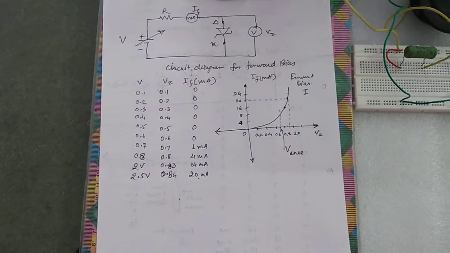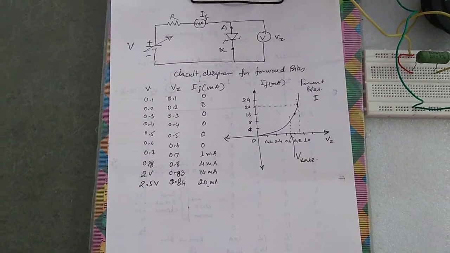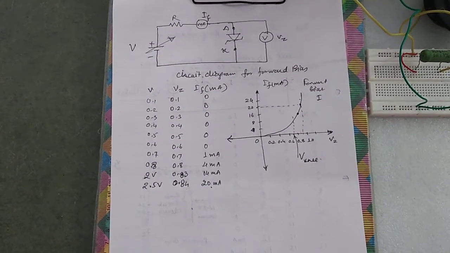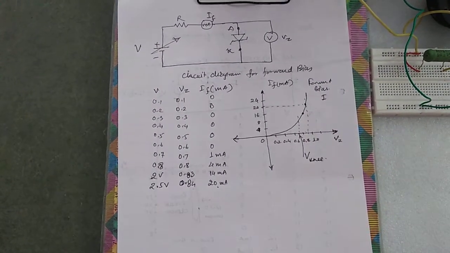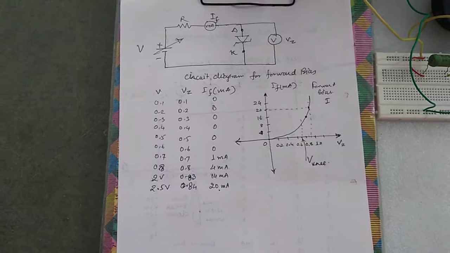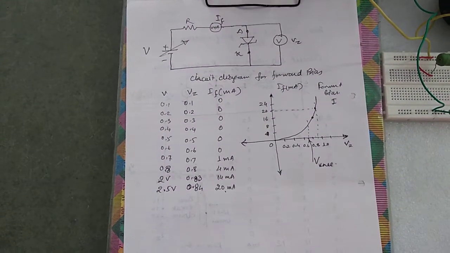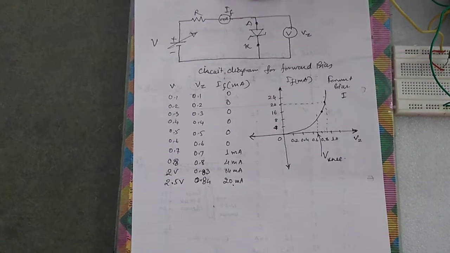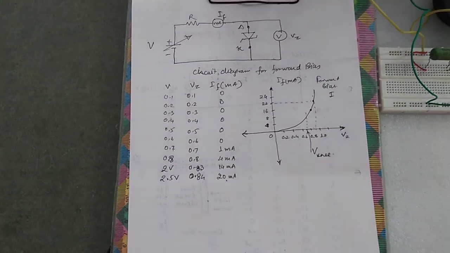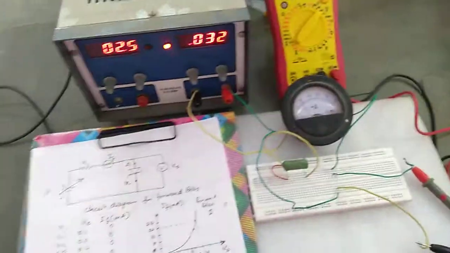So Zener diode acts as a constant current source after the forward breakdown voltage, and in the reverse bias it is acting as a constant voltage regulator. In the forward bias constant current, and in the reverse bias constant voltage source. So this is how the characteristics can be plotted.